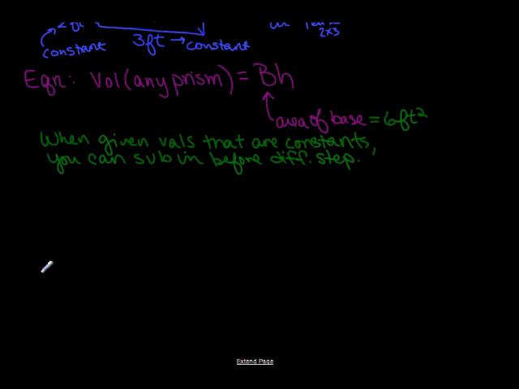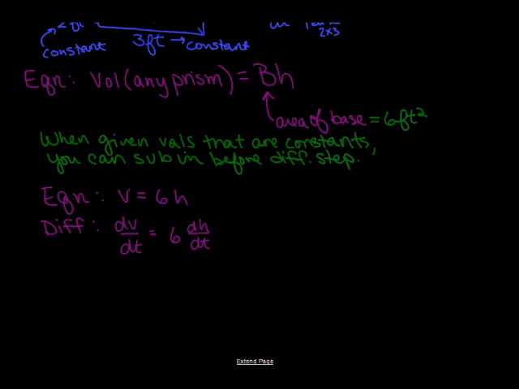Okay, so now we have our new equation. We have volume equals 6 times the height, which means when we differentiate with respect to time, we're going to get dV/dt is equal to 6 times the derivative of h with respect to time.